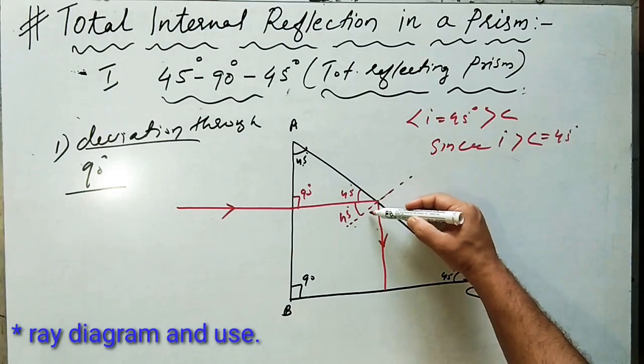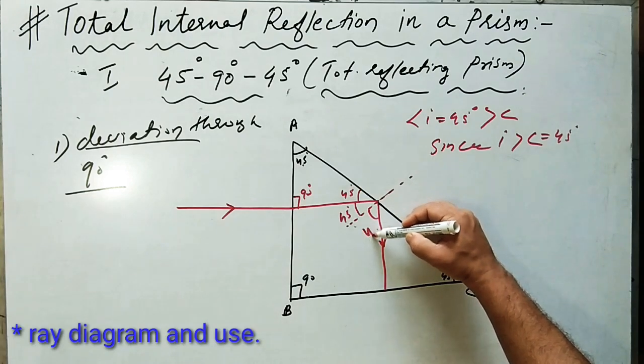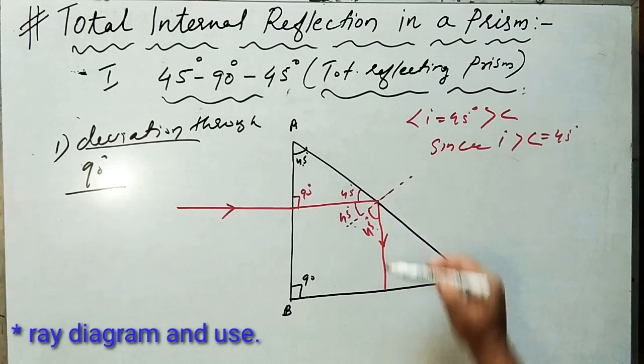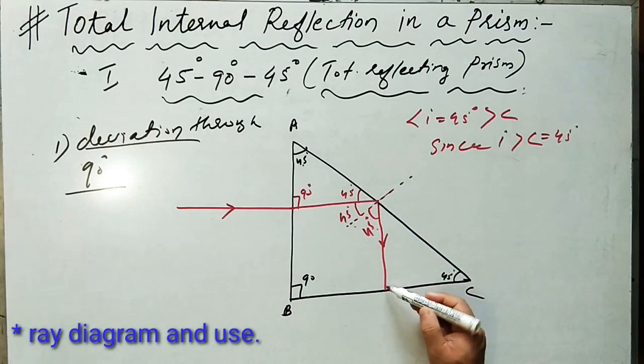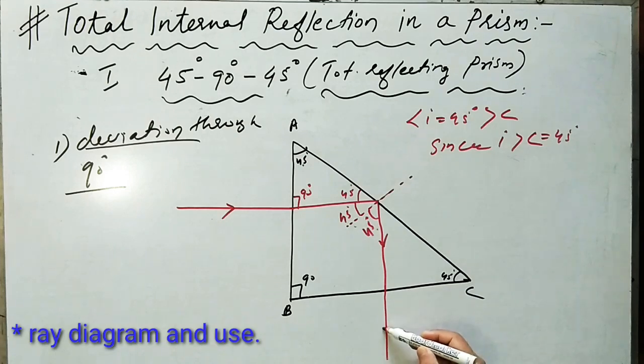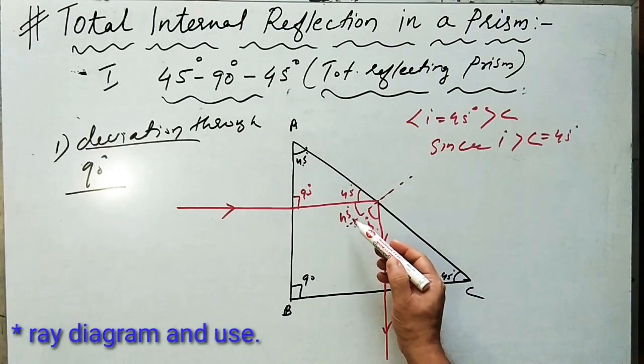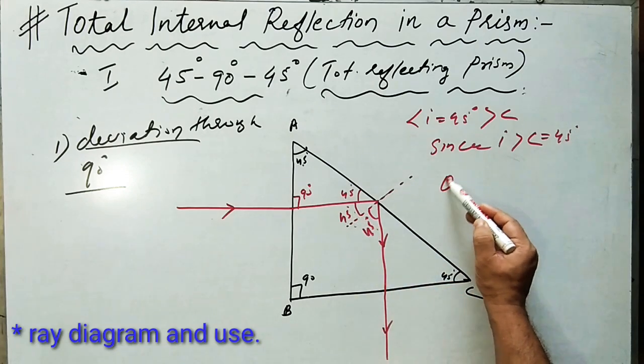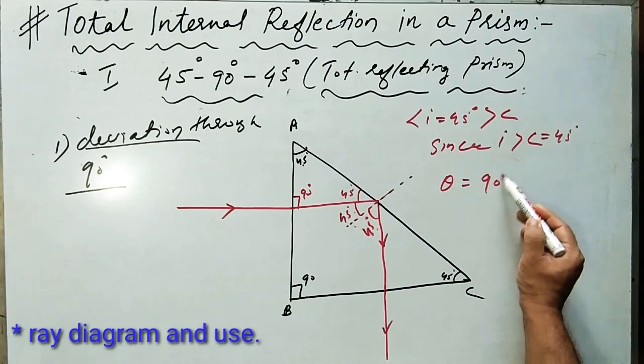The angle of reflection must be equal, again 45, and the ray travels through the glass, strikes the surface BC normally and passes undeviated. So how much has the light ray turned here? 45 plus 45, so the angle of turning is 90 degrees.